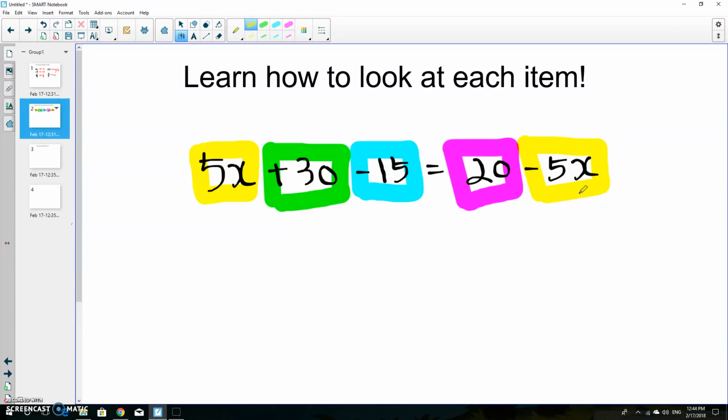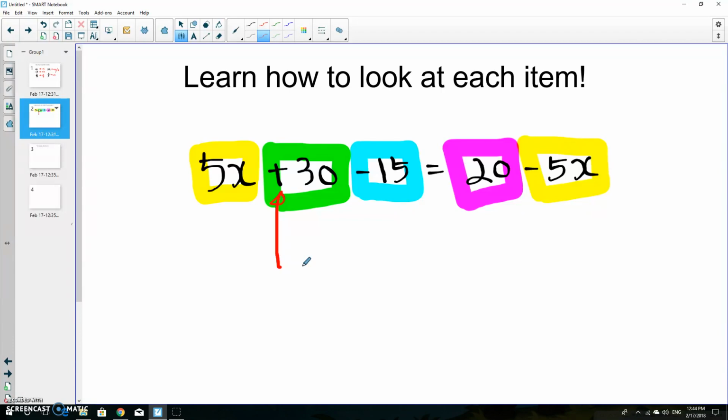So learn how to look at each item and pay attention to how I group them. I always group the sign in front of it, because the sign way over here is telling you whether it's going to be positive or negative, whether you're going to subtract or add. It's really based on how you look at the item. So look at these things as a block of data.